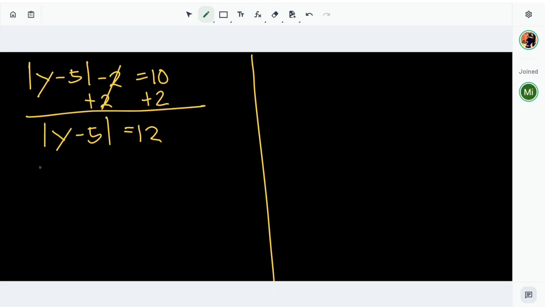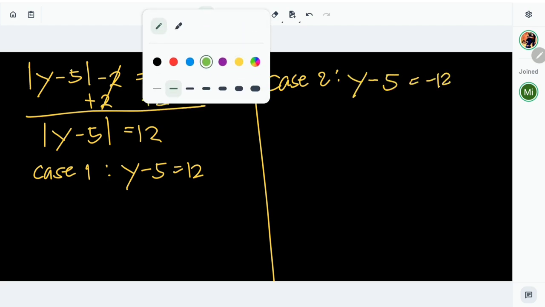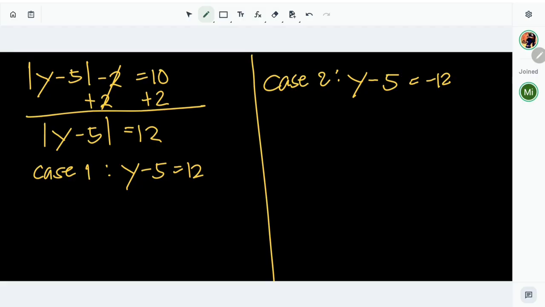Okay, so we can write for case 1, this is y minus 5 equals 12. And for case 2, this is y minus 5 equals negative 12. Then we solve for y. We add 5 to both sides. Then y is equal to 17. Then here, the same.